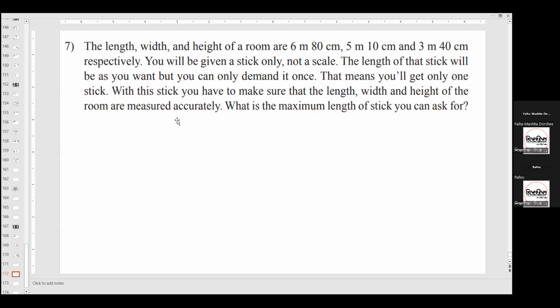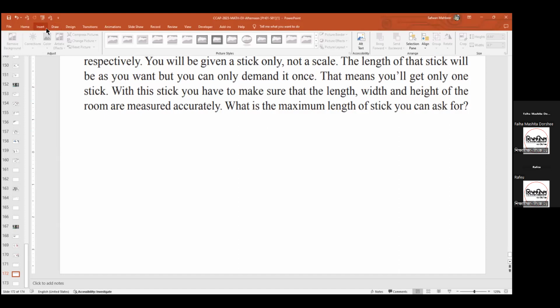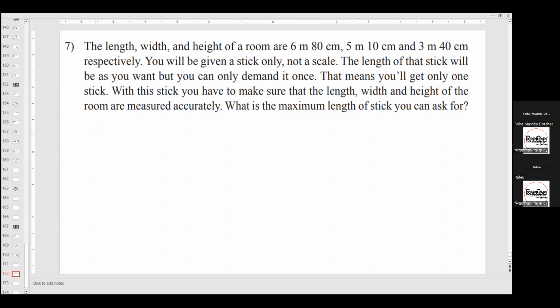With the stick, you have to measure the length, width, and height of the room accurately, and there will be no fraction. What is the maximum length of the stick you can ask for? The maximum length of the stick will be the HCF of these numbers. Now let's simplify the length, breadth, and height.